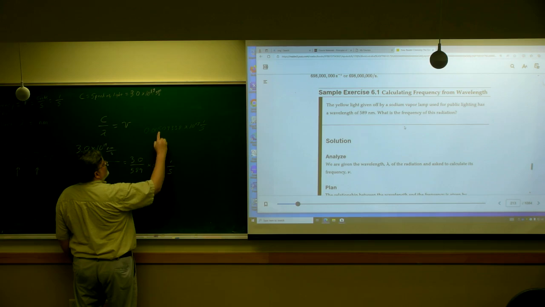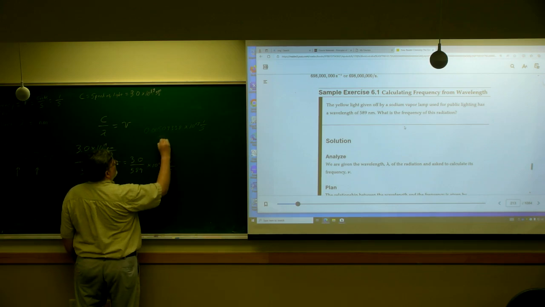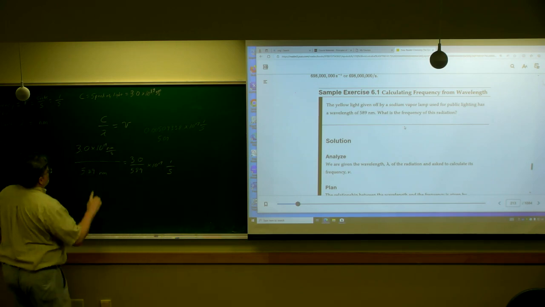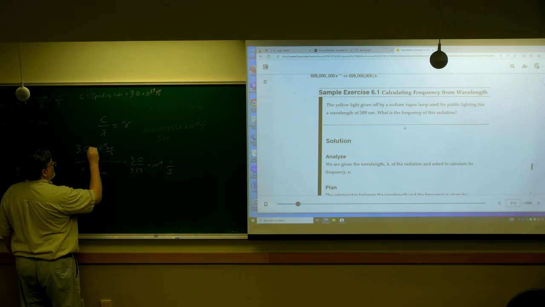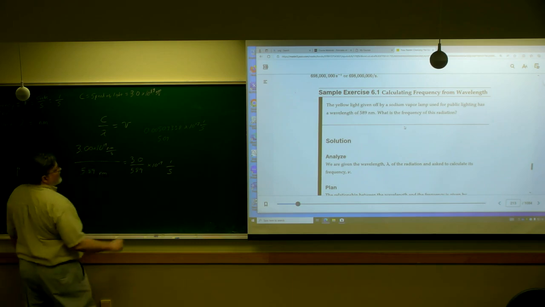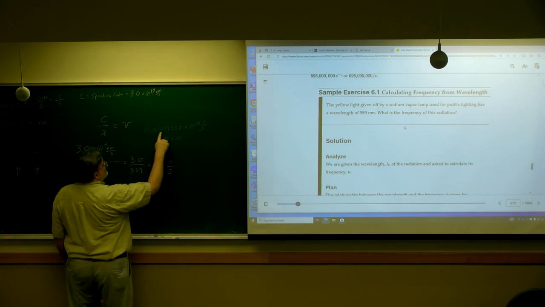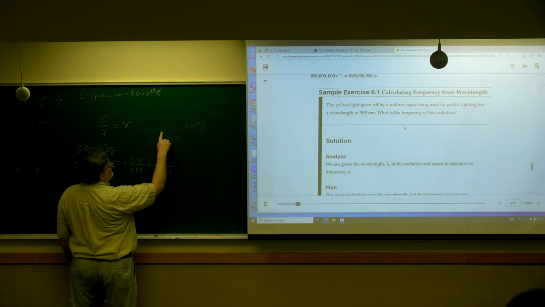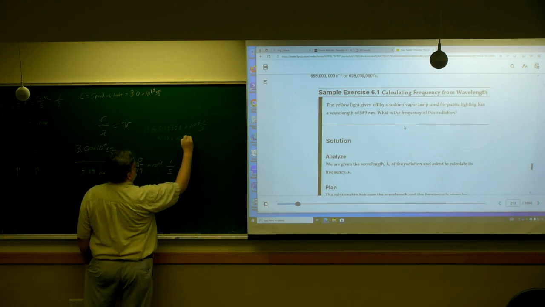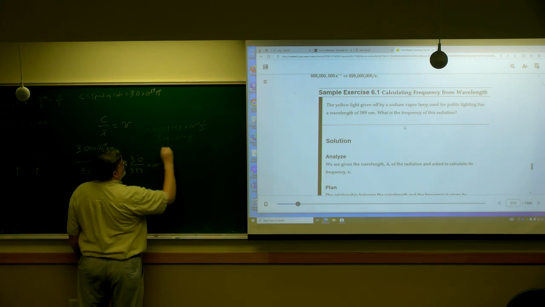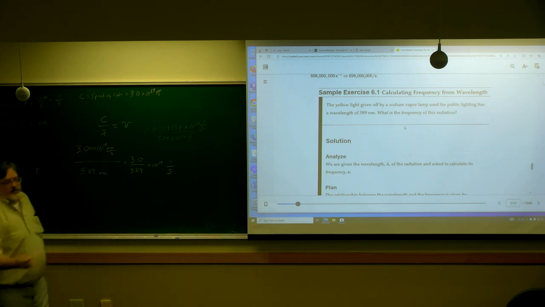So 1, 2, 3. If they're going to approximate to 3.0, might as well put another 0, just so we can keep 3 significant figures, times 10 to the 1, 2, 3. So that would be the frequency here, if I kept 3 significant figures.